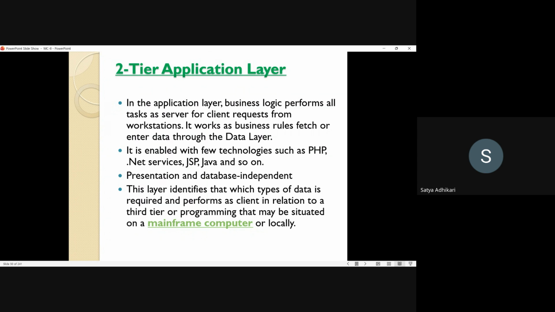The layer identifies which type of data is required and acts as a client in relation to a third tier or programming that may be situated on a mainframe computer or locally. So the application layer, the business logic, performs all tasks as a server for client requests from the workstation.